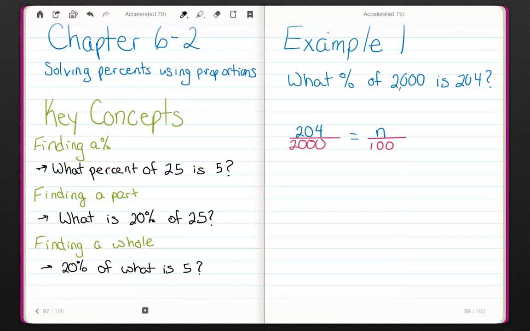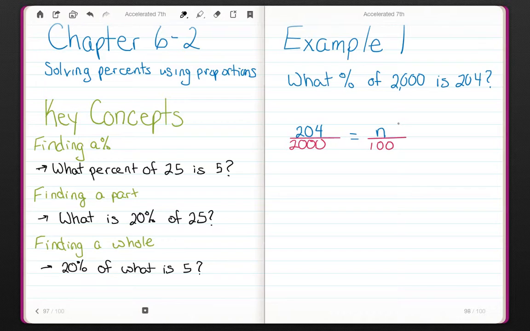Example 1, what percent of 2,000 is 204? So I'm going with finding a percent here. So I'm going to use cross products in order to solve this. This is a proportion. So 204 over 2,000 equals n over what?